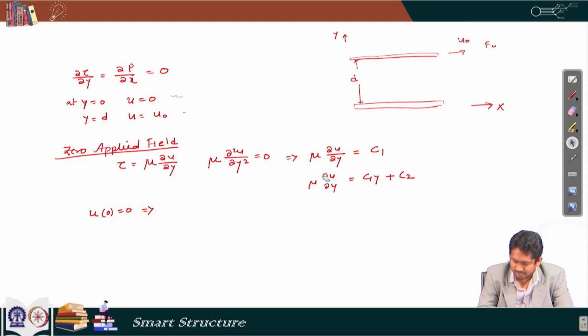There is one mistake here. So, if we integrate it once more, we get mu into u equal to C1 y plus C2.